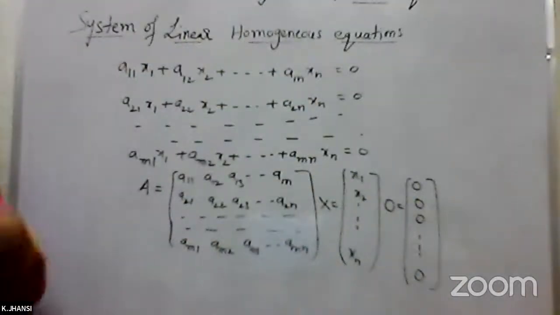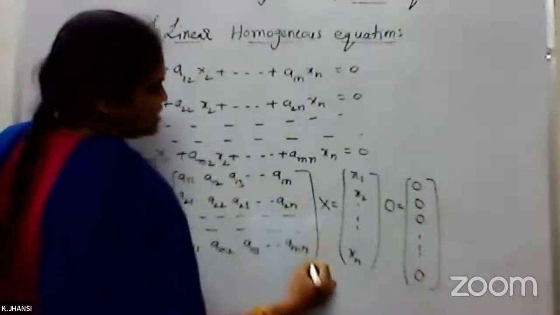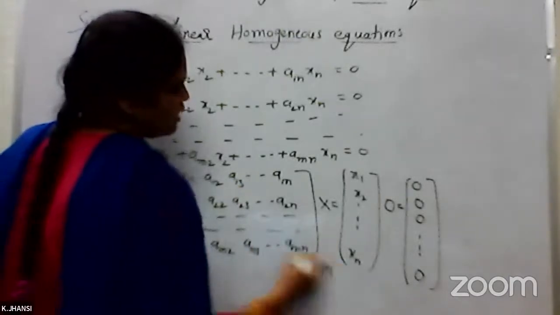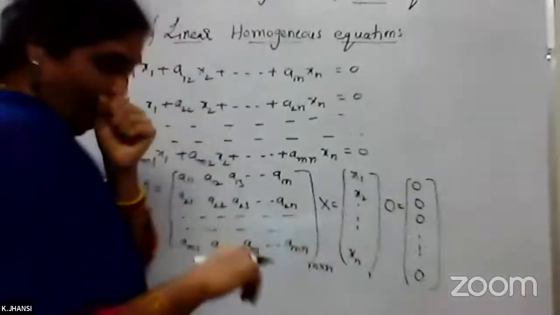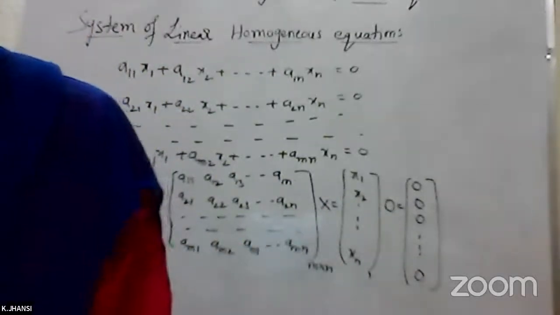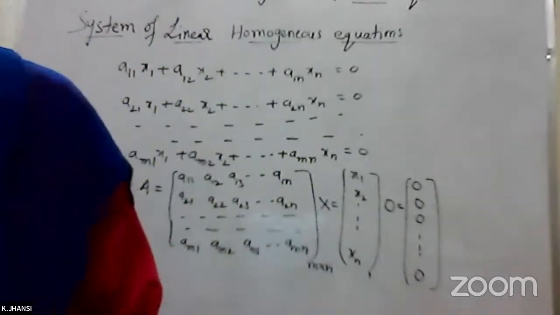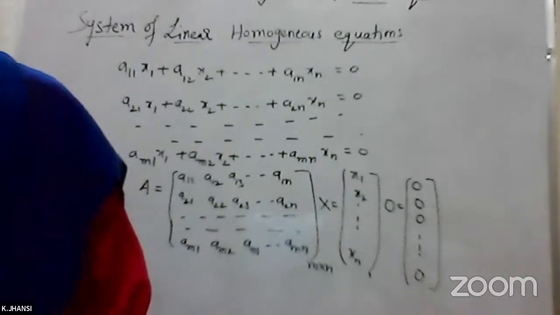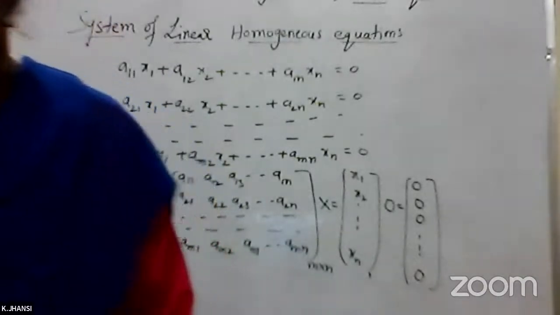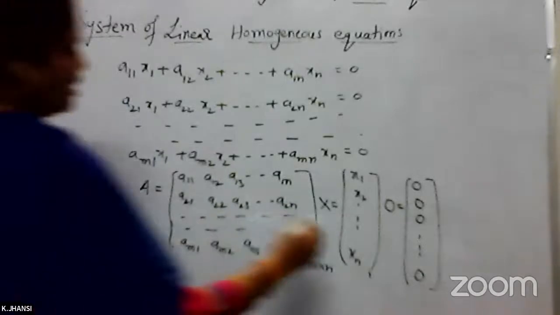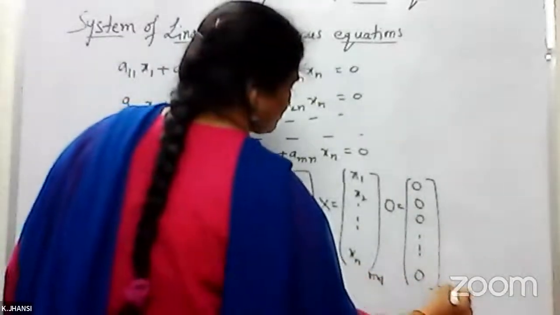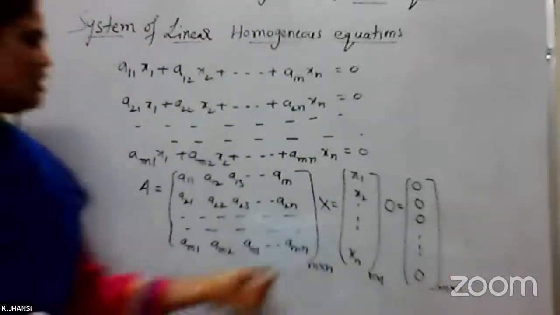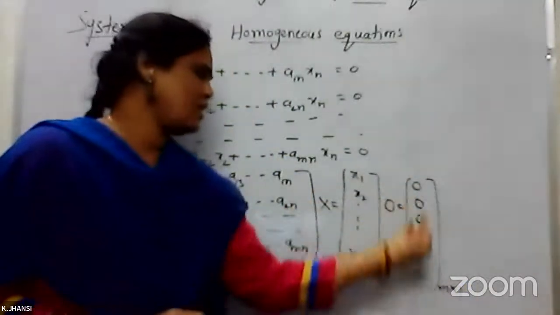If you write the order of the matrices, this is M cross N, this is N cross 1, and this is M cross 1. Only one column is there here, and here also one column.